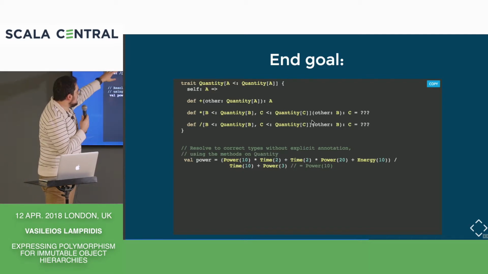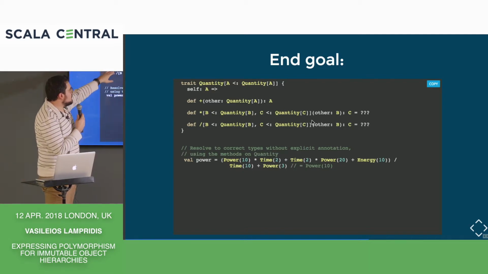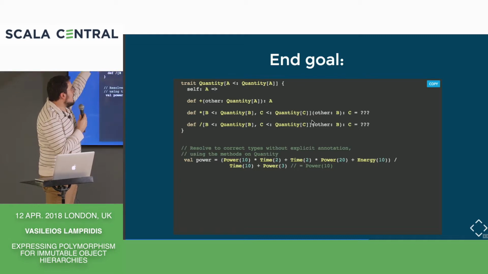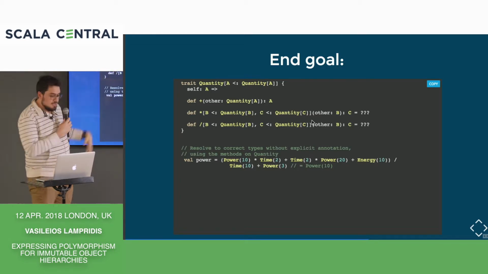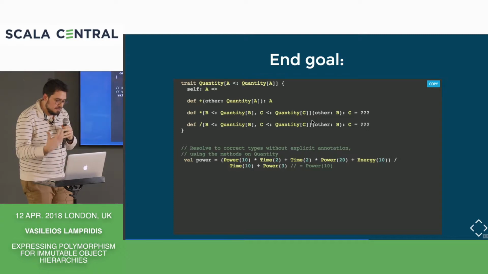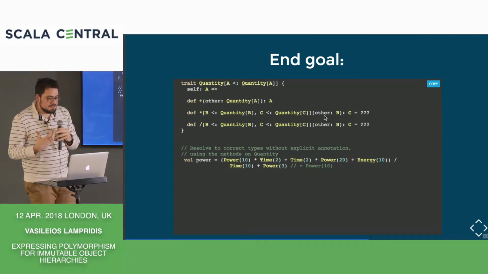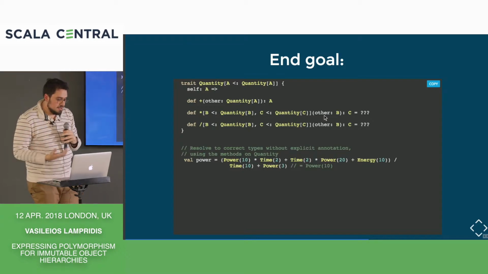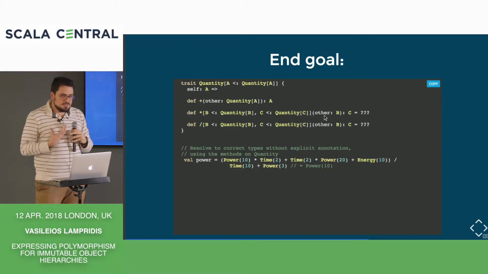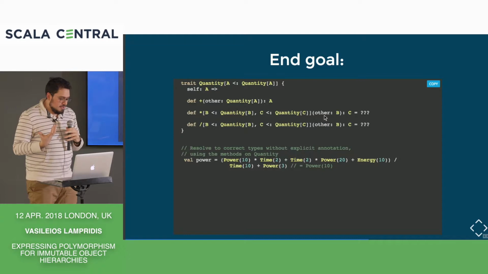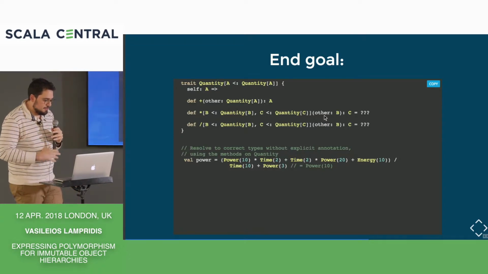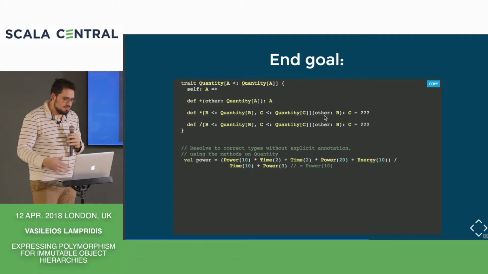I'm saying that I have the multiply method on the quantity. So I'm having a quantity A, and I intend to multiply it with another quantity B, and I'm expecting some third quantity C. And you can see that type C is not constrained by anything, so naturally the compiler has no way till now to know what that C could ever be. And similarly for division.